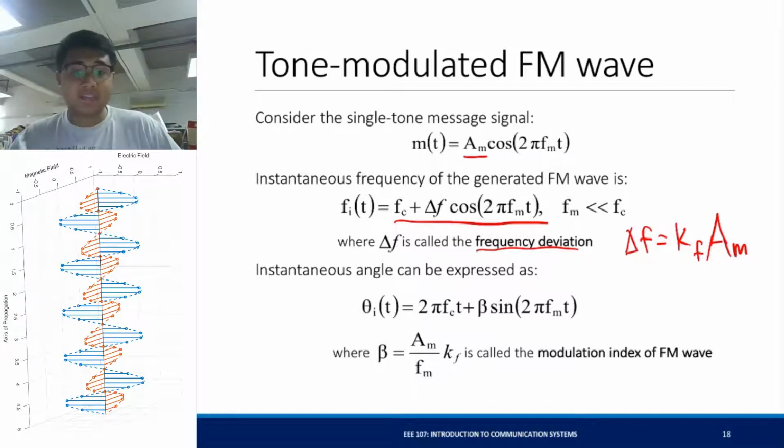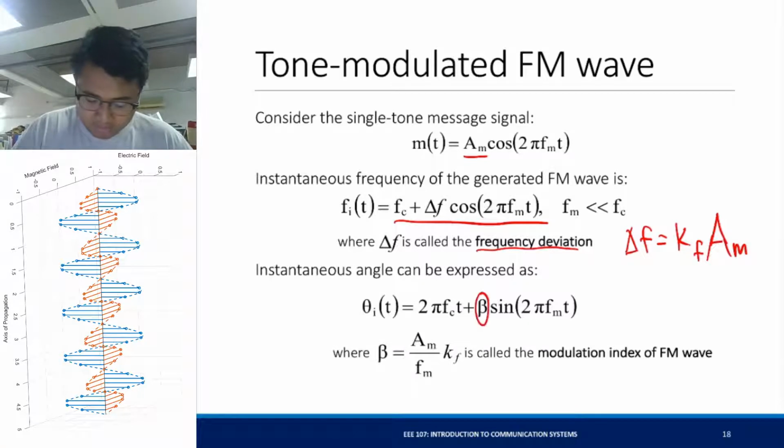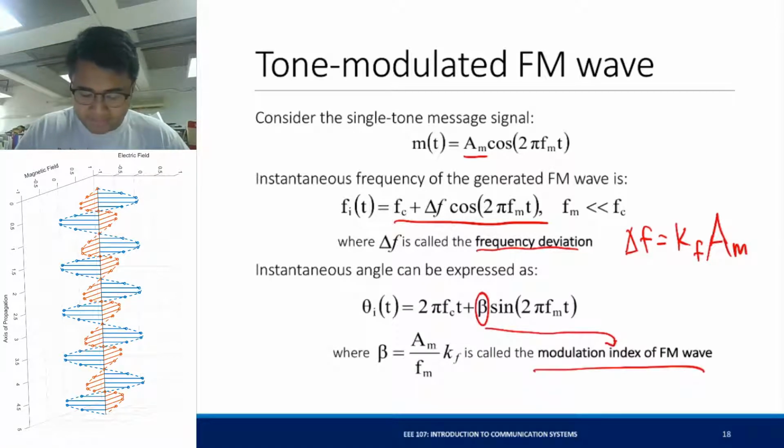So the instantaneous angle can now be expressed as this, and beta here is called the modulation index of your FM wave. Since you're going to integrate this, if you want to get the instantaneous angle, you integrate the instantaneous frequency, and you get your instantaneous phase.